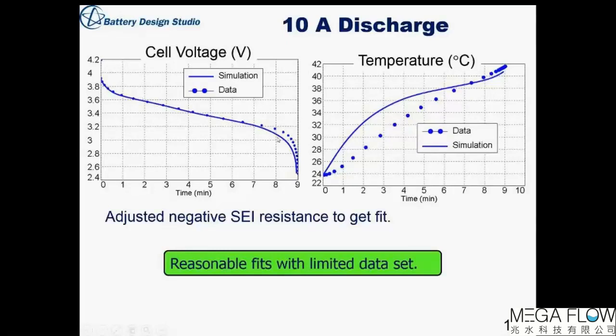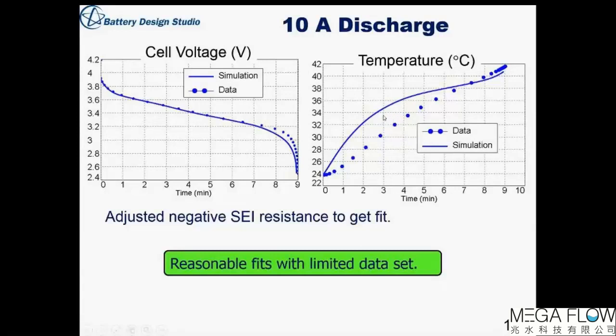And that's shown here. Now, we fit the voltage curve, and we just looked at the resultant temperature prediction. And so this shows the actual experimental data from the testing versus the simulation. And you can see the final temperature is actually really close. There's a small discrepancy at intermediate times, about 2 degrees.